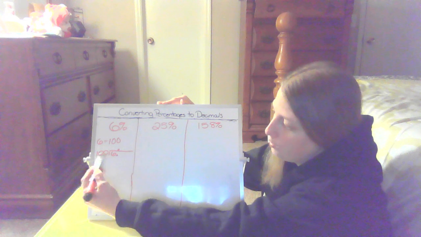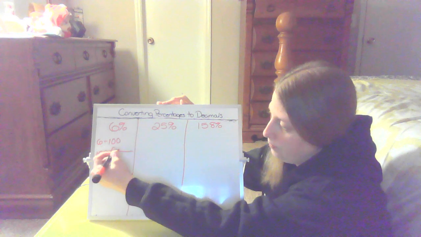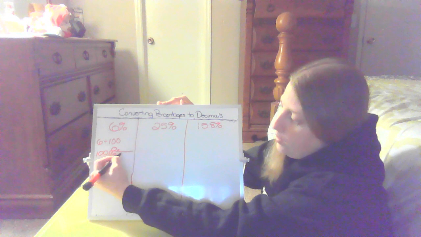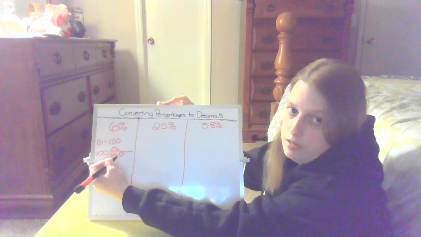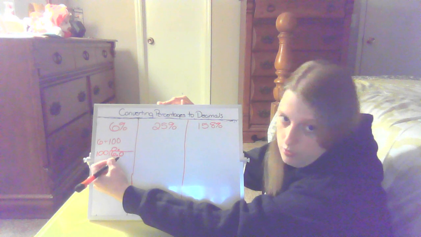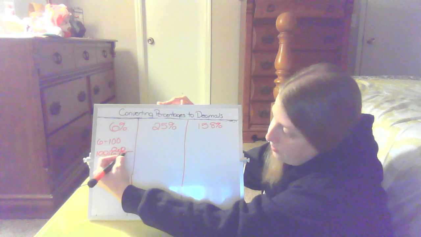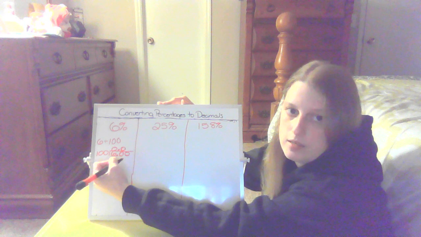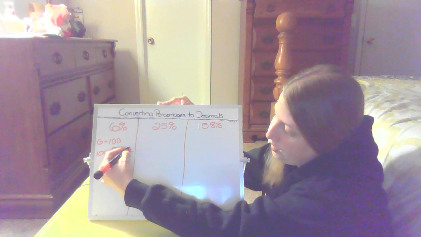So we know that 100 cannot go into 6, so we're going to put a 0 right there. And we're going to add a 0 right here. And we also know that 100 cannot go into 60, so that's going to be another 0 right there. And then we're going to add a 0 here. And we know that 100 can go into 600 6 times. So we'll put our 6 right there.